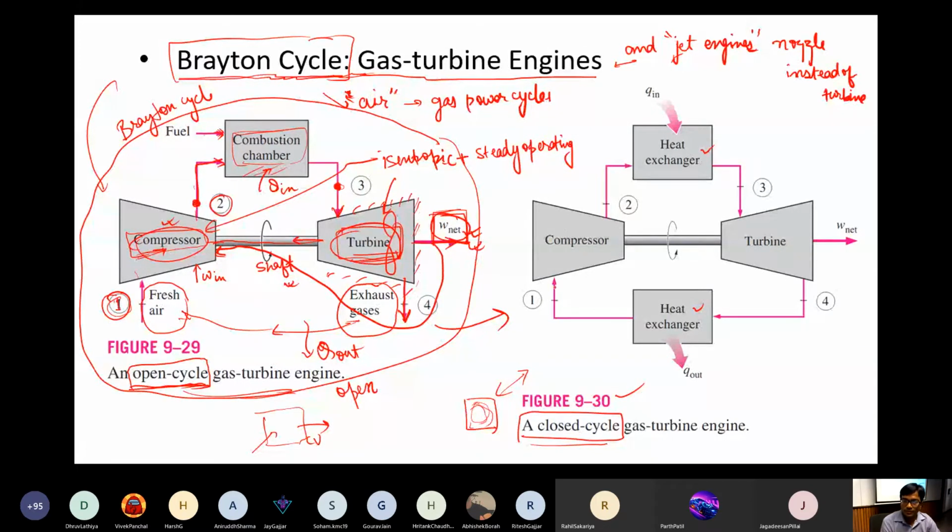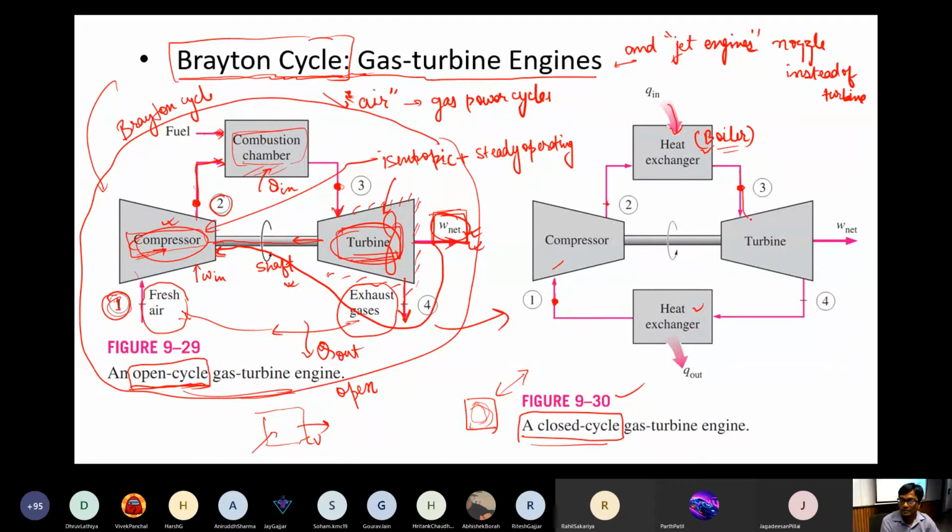Again, it starts from here. Your gases are being compressed in a similar fashion, and go to the heat exchanger or the boiler, where you heat up the gases passing through 2, and it reaches 3.